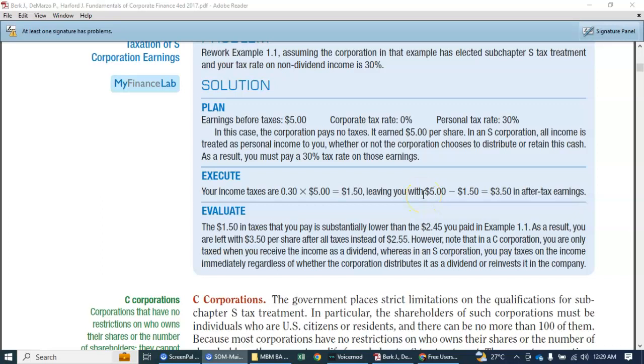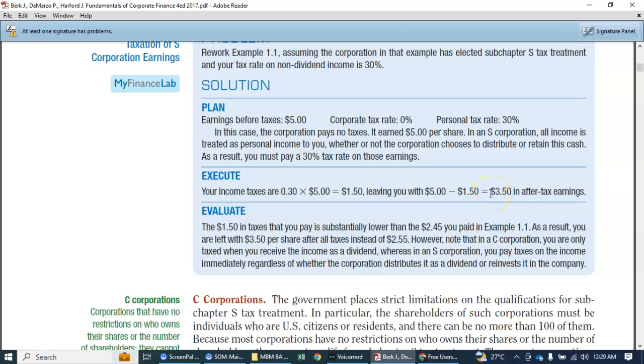So it will be subject to the 30% personal tax rate of the investor. So after receiving the 5, there's a 1.5 that will be taxed automatically.